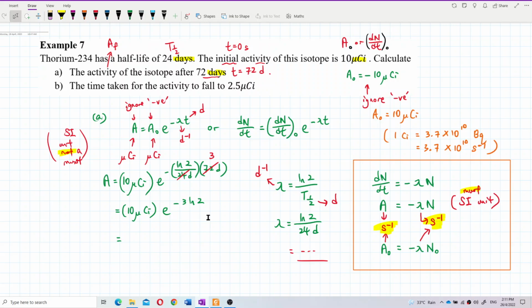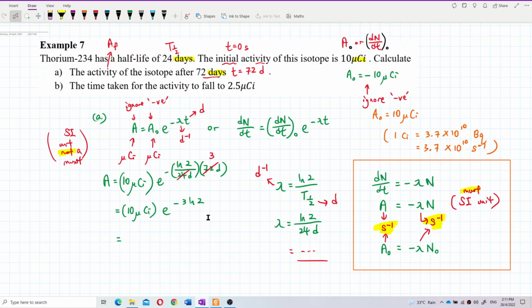Again, 3 times ln 2, and this one has a negative, and then exponent to the power of this answer.